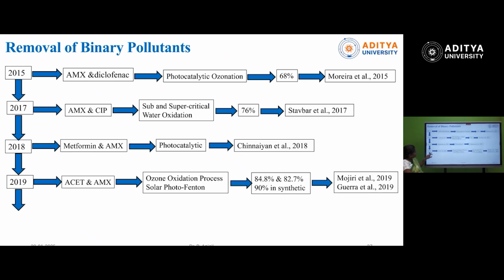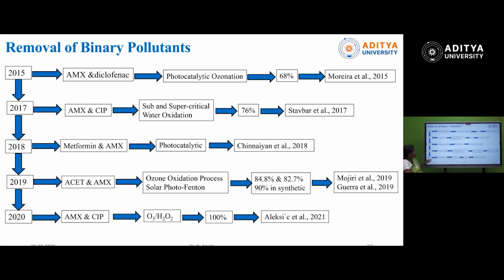In 2019, ACT and AMX, they used the ozone oxidation process and solar photo-Fenton. Two methods they applied to check this binary pollutant removal. They achieved 84, 82, and in synthetic 90 percent removal. Next, 2020, ozonation combined with hydrogen peroxide, that is 100% removal achieved.